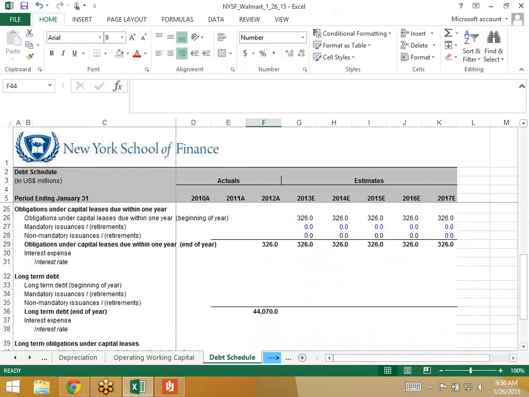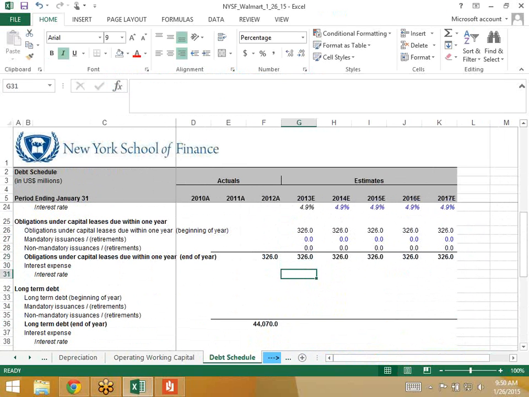So where are we here? For capital leases here, I'm going to back into the interest rate by taking equals, in the book I hard-coded it, but I'll link it so you see exactly where it's coming from.